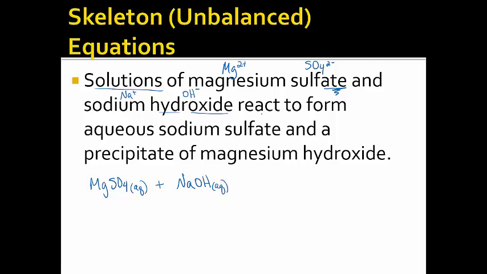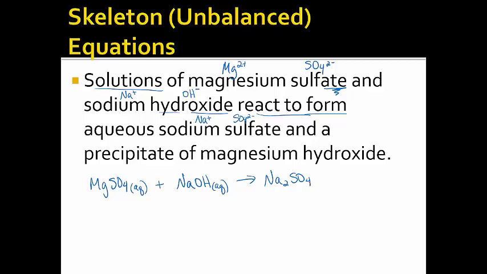Okay, they react to form. So here's my arrow. I'm going to the products now. I'm going to get aqueous sodium sulfate. So let's do Na+ and SO4 2-. Now, in order to get this formula, again, I have to balance the charges. So I'm going to need 2 sodiums for every 1 sulfate, right?